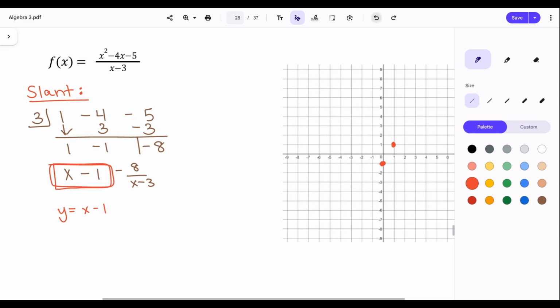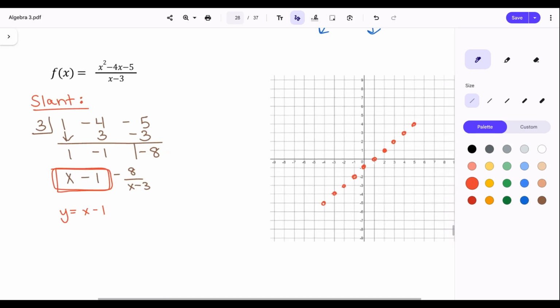I skipped a point when I did mine originally. And like I said, you can do this as many times as you'd like. You don't have to do it as many as I am. Okay, so there's your slant line.